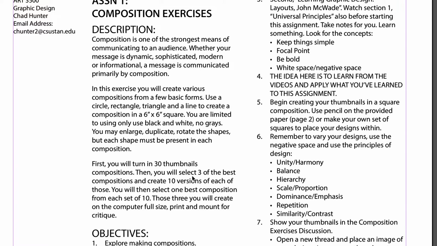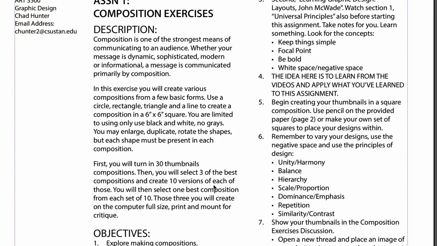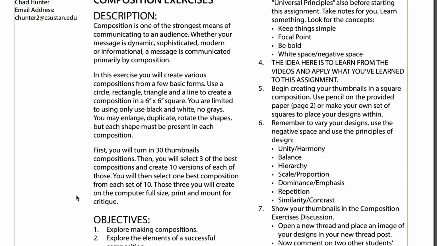And then when you get your feedback, you'll select 3 of your best compositions and create 10 versions of each of those. So now you're up to 60 compositions. And then you'll select 3 of those and create them on the computer in full-size 6x6 squares using Adobe Illustrator.